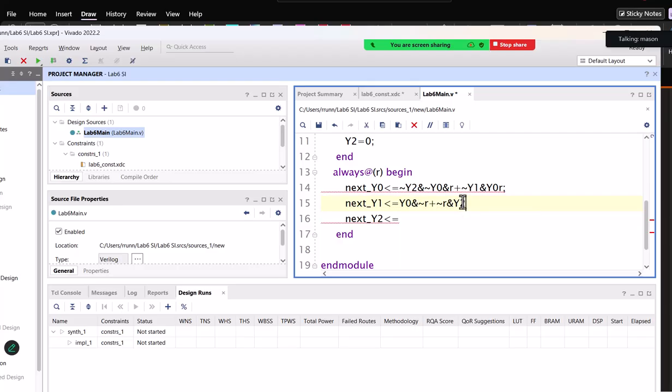And that would be ORed with y0 and y1 not.